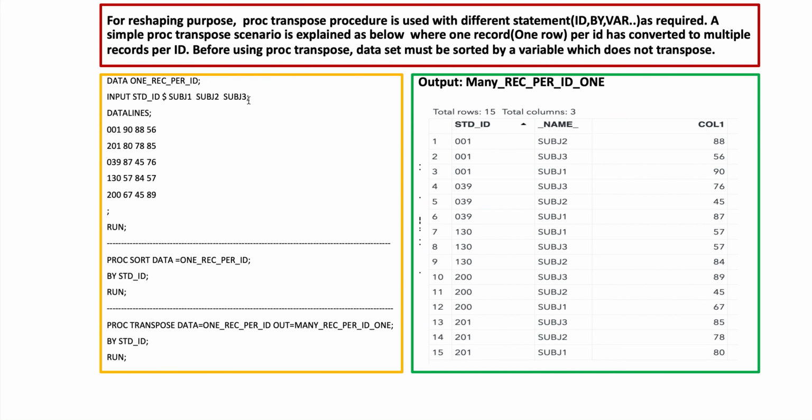By default, PROC TRANSPOSE transposes all numeric variables in the dataset. That means after using PROC TRANSPOSE, those marks, subject 1, subject 2, and subject 3, will be transposed.